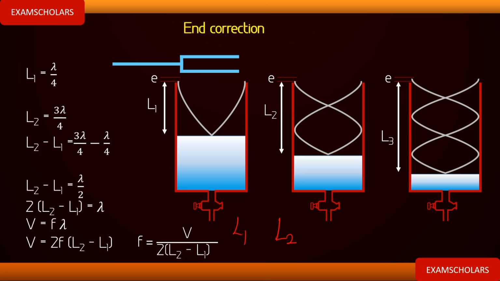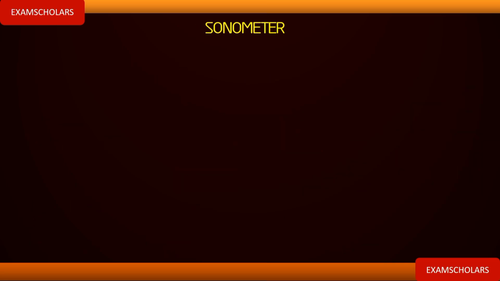They can give you the velocity of the sound, and they will now ask you to find the frequency of the vibration. So you just go ahead and do V over 2(L2 minus L1). Very fast. If you are writing your UTME exam or WAEC exam or any other exam, you can apply that very fast to solve it.